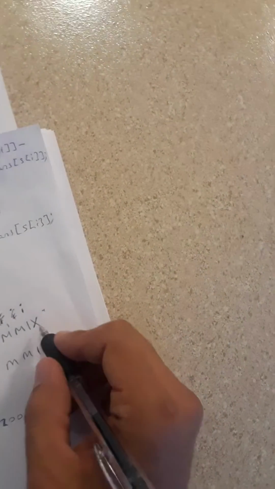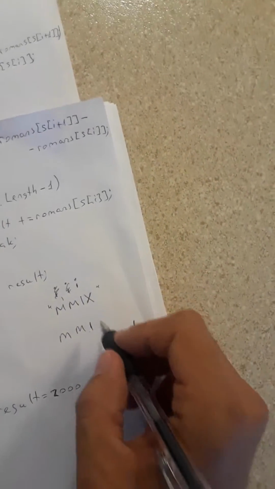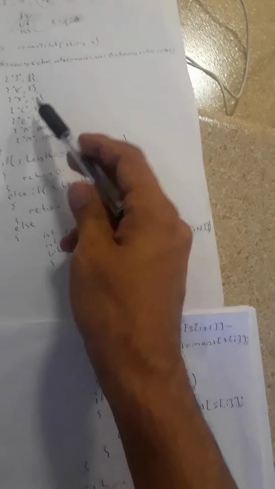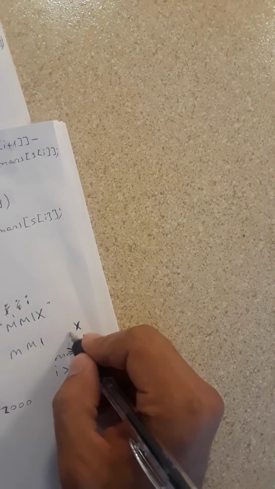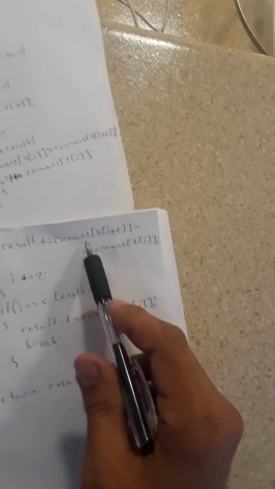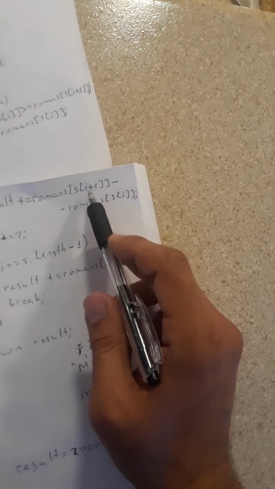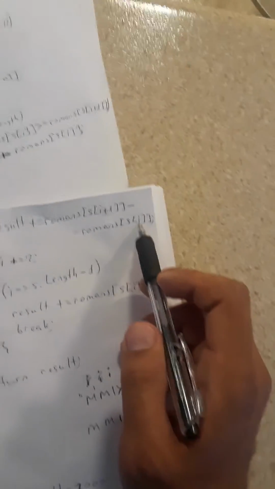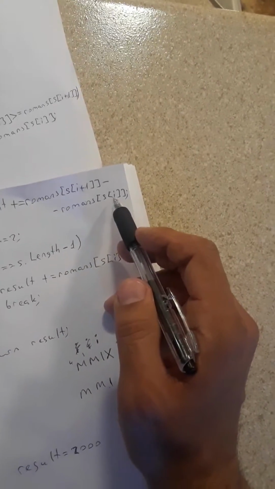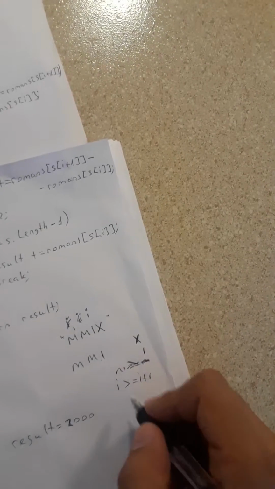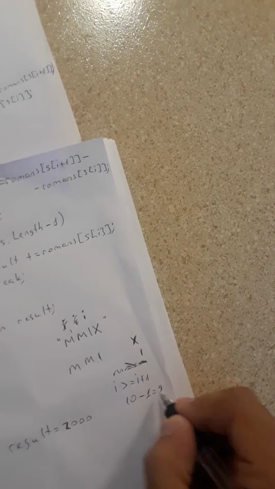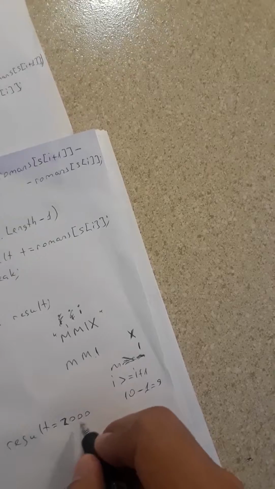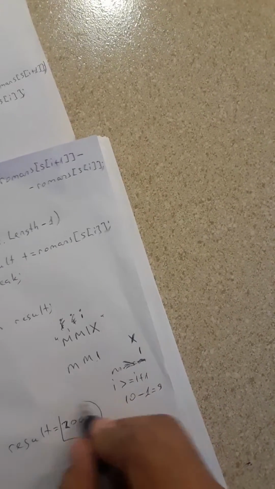We compare it with the next character, which is X. So we see that I, which is 1, and X, which is 10, so I is less than X. In that case, we're adding up the difference between the next character and the character at which we're pointing with our I pointer, so it will be 10 minus 1, which equals 9, and the result will be 2000 plus 9, which makes 2009.